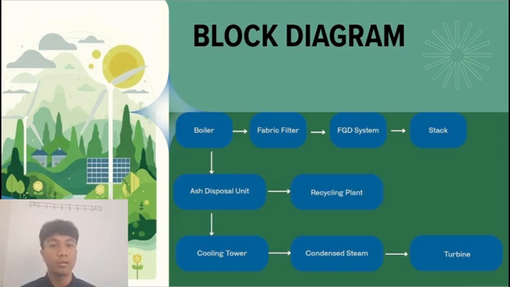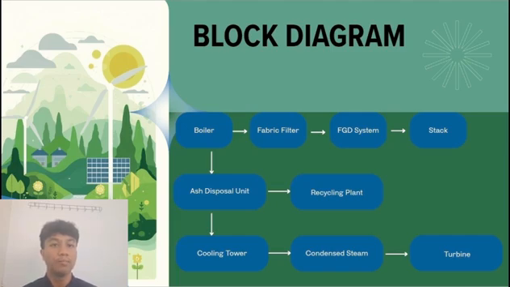Next, the ash collected from the bottom of the boiler and the ESP is sent to the ash handling and recycling unit. Here, the ash can be safely stored or reused as a raw material for cement, brick or road construction, reducing solid waste and promoting circular economy practice.